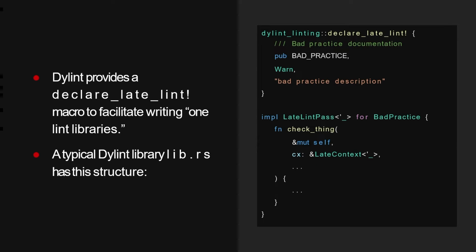And then every lint will include an implementation of a lint pass trait. That implementation will include one or more check functions. These check functions are concretely things like check expression, check statement, check block, what have you. And it's within those check functions where the actual analysis is done and the determination of whether or not a warning should be emitted.